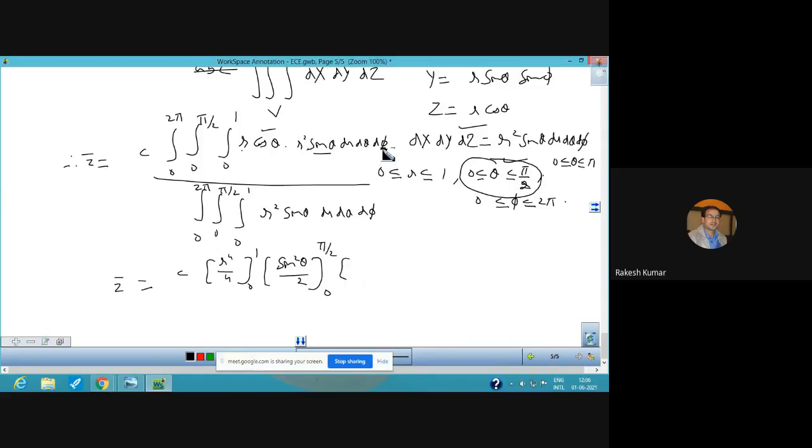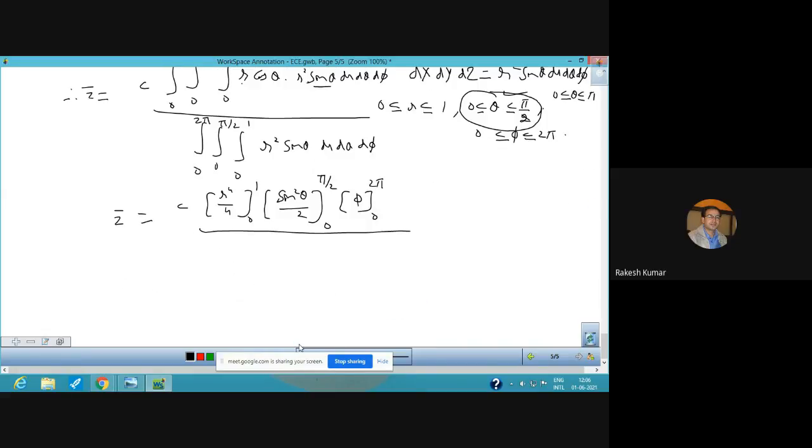And the integration of d phi is 0 to 2 pi. In the denominator, we shall have the integration of r square, which is r cube upon 3, from 0 to 1. Integration of sine is minus cos theta from 0 to pi by 2. And the integration of d phi comes out to be phi with the limits 0 to 2 pi.